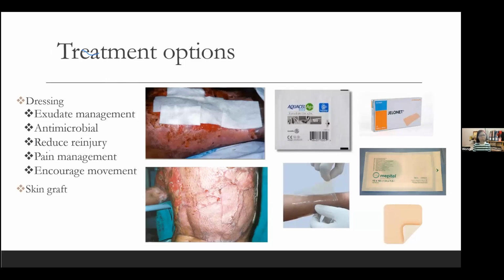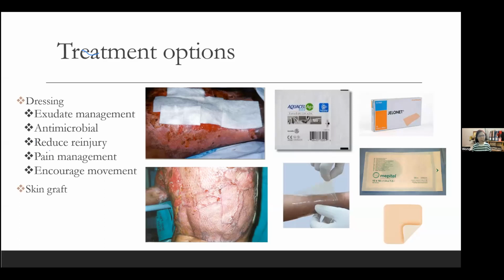For burn wounds, we have to manage the exudate, manage the infection, and also reduce re-injury. Besides that, burn wounds are very painful. So when managing the wound, sometimes an injection or analgesic needs to be given before the dressing.